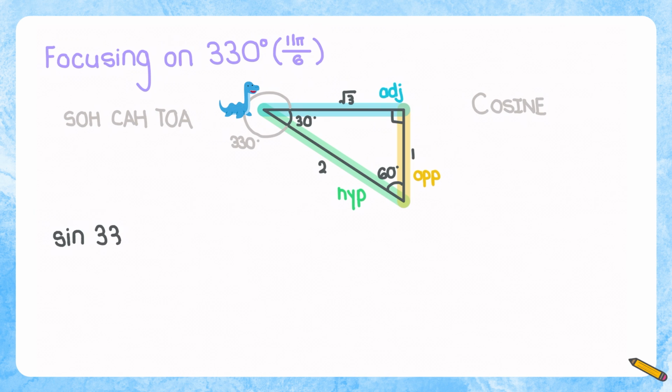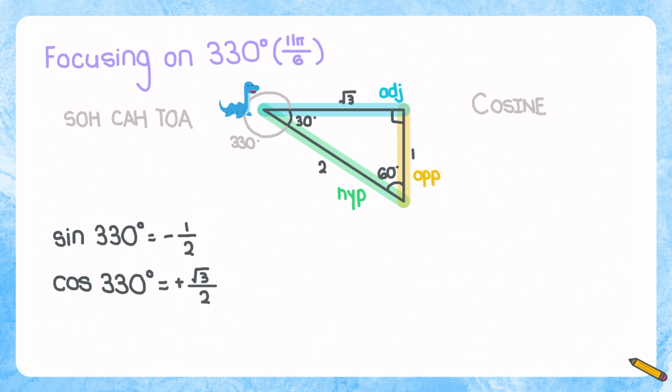So we're going to start off with sine of 330 degrees. Opposite over hypotenuse, and it's also going to be negative since we're in quadrant 4. So negative 1 over 2. Cosine of 330 degrees will be positive because cosine functions are positive in quadrant 4.